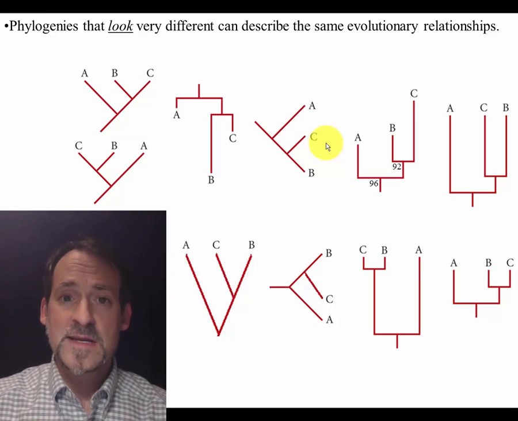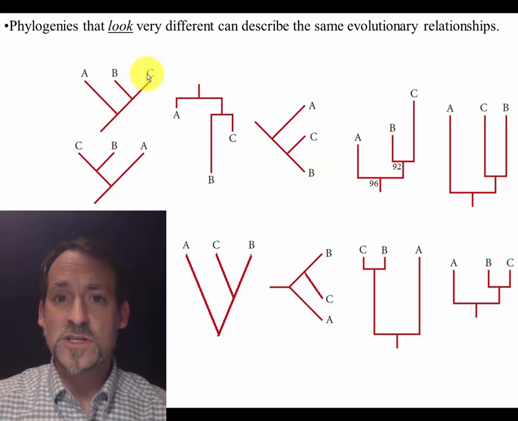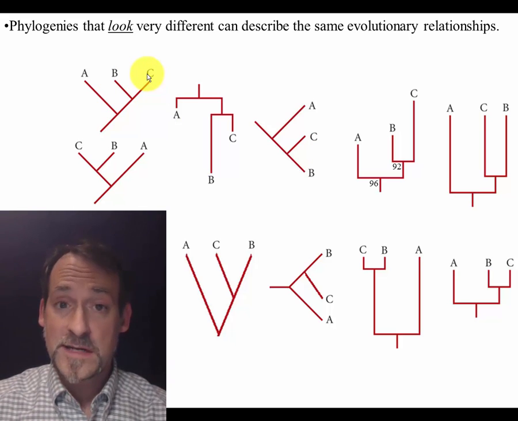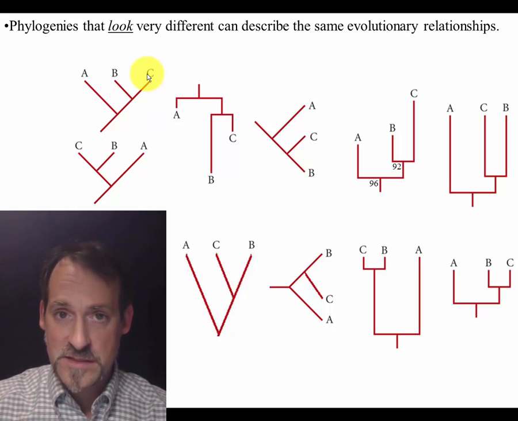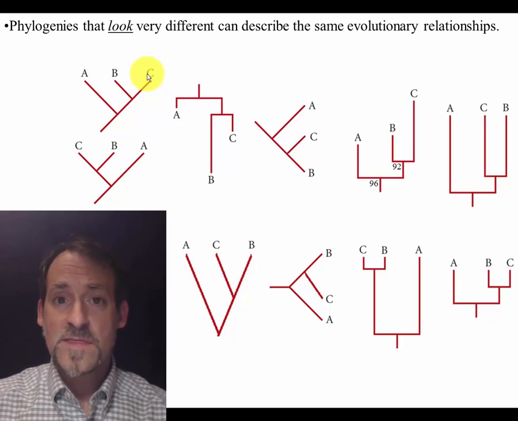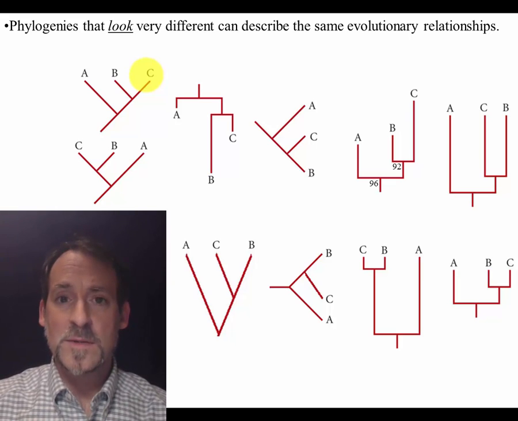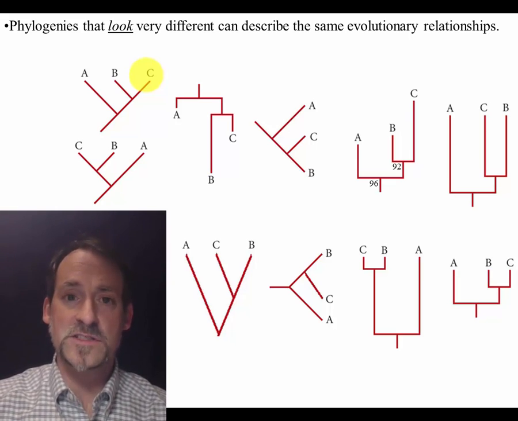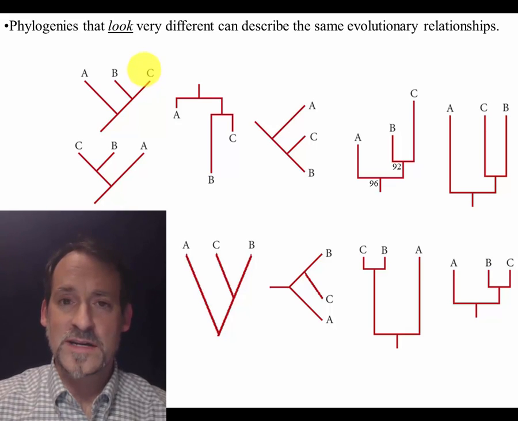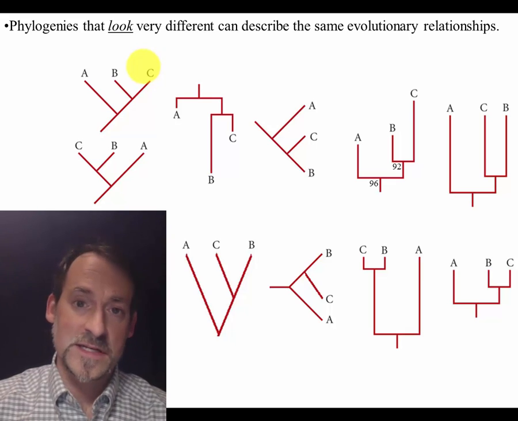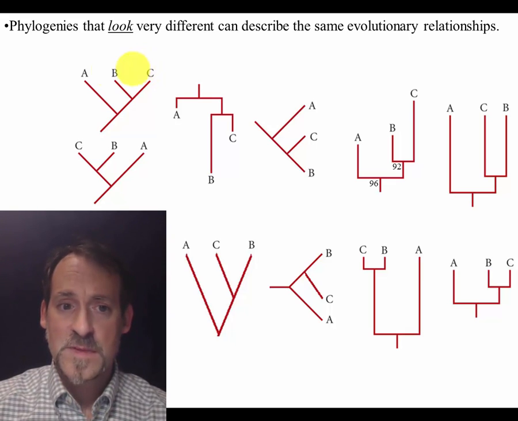What matters is how deep into the tree you have to go to find the common ancestor between two species. Okay, that's really the information that a phylogenetic tree or phylogeny provides. How far back in time do you have to go before finding the common ancestor of two species?